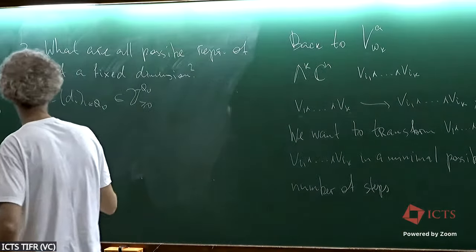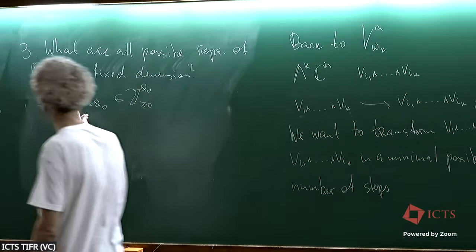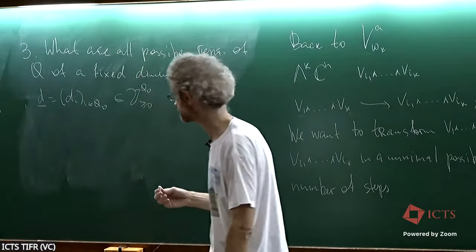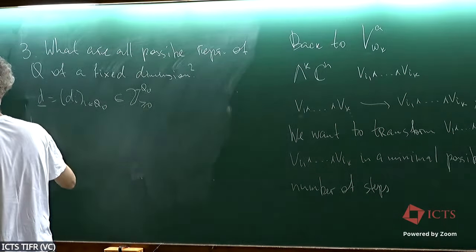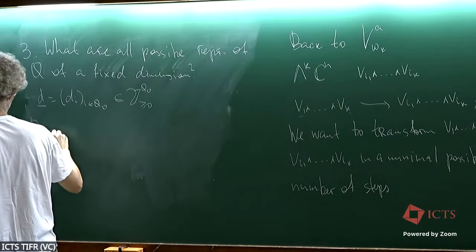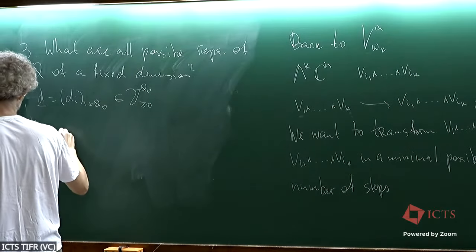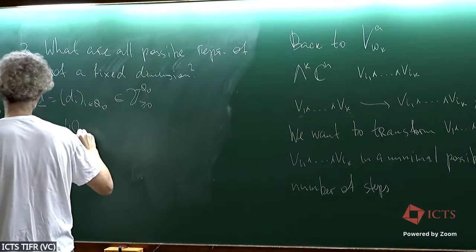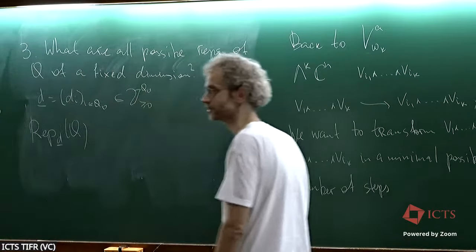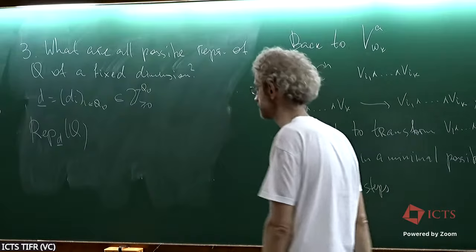In order to define the representation, since our dimensions are already fixed, we have to say what the maps are. Let me denote it by Rep(d). Sometimes we put Q here, but if the quiver is fixed, we omit it.